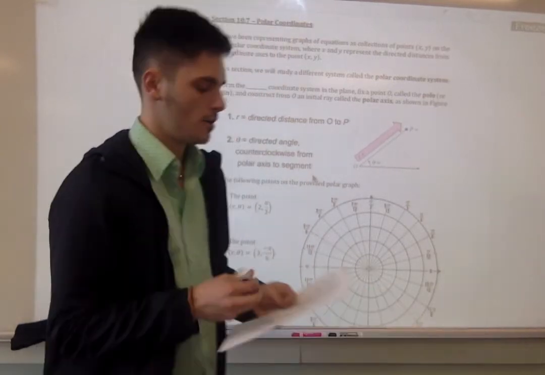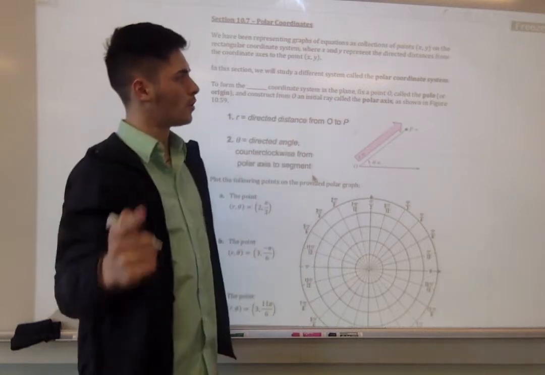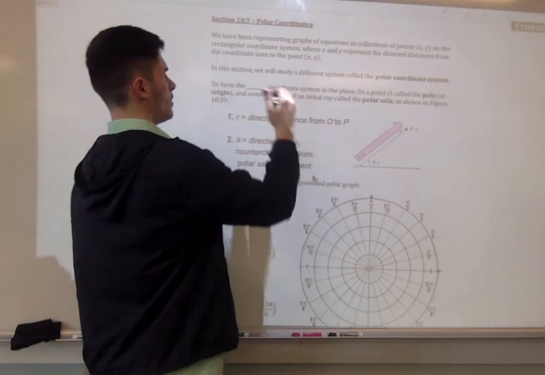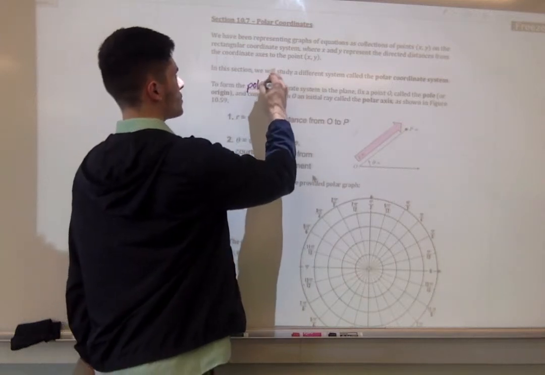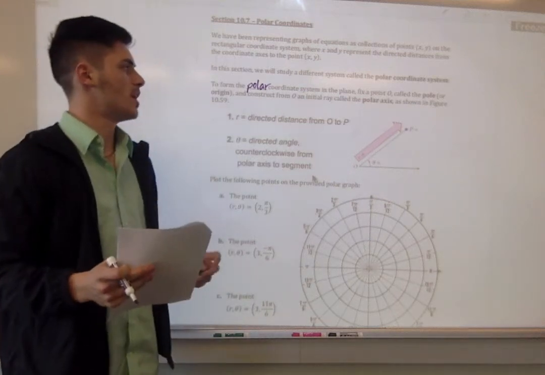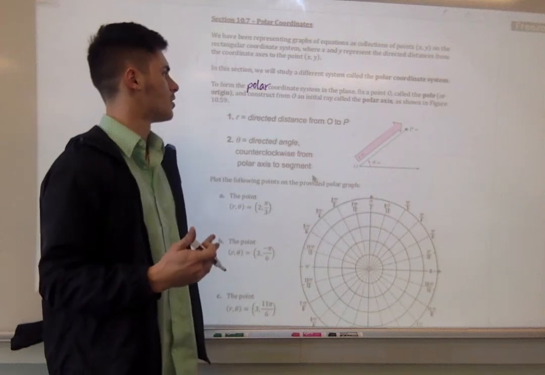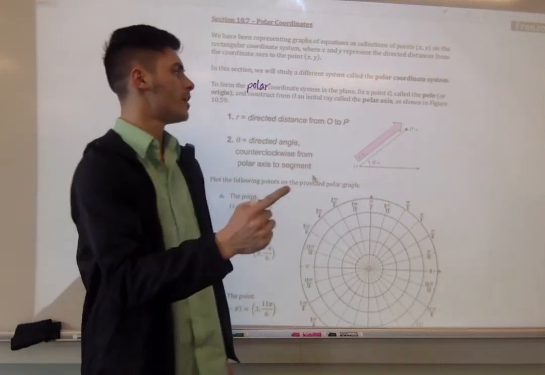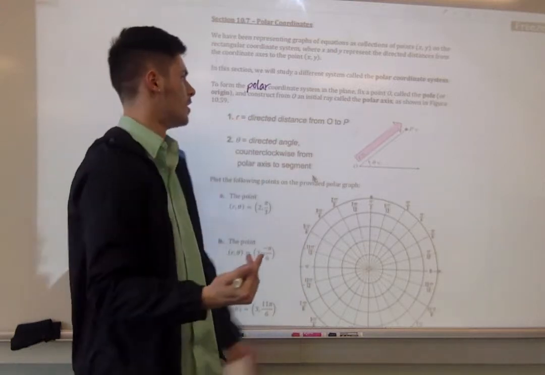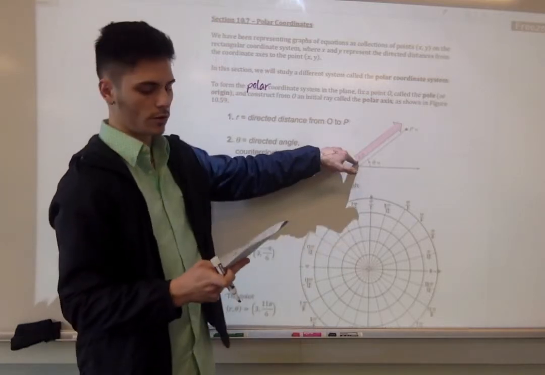And I almost forgot to fill this in right here. In this section, we will study a different system called the polar coordinate system. To form the polar coordinate system in the plane, fix a point O called the pole, or the origin, and construct from O an initial ray with magnitude r called the polar axis, as shown in figure 10.59, which I believe is this one.